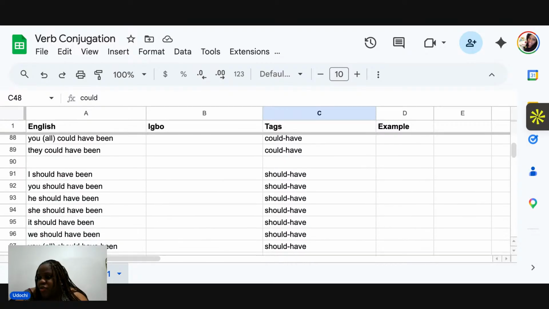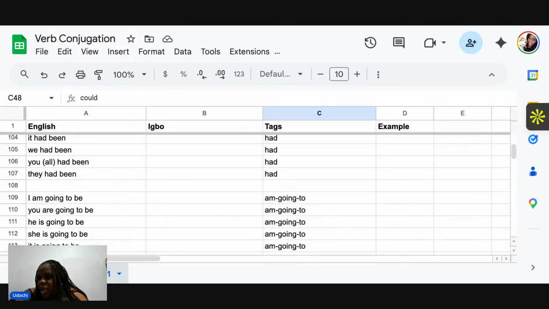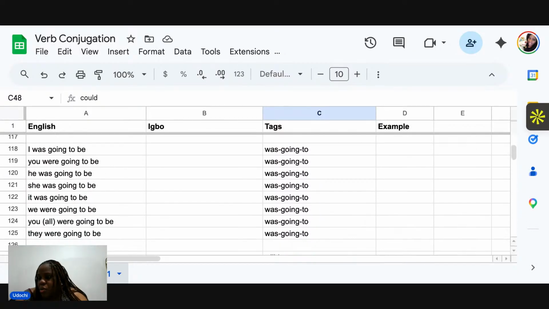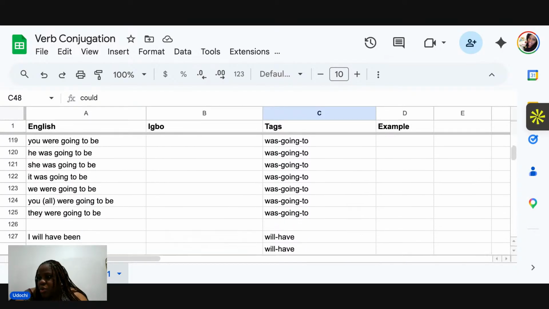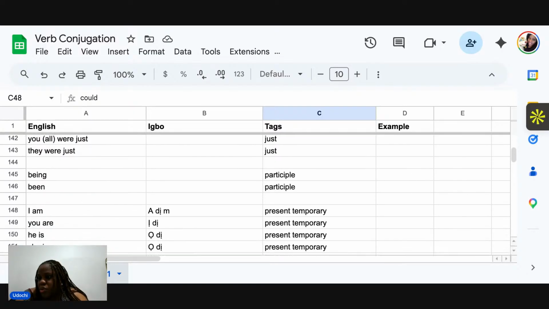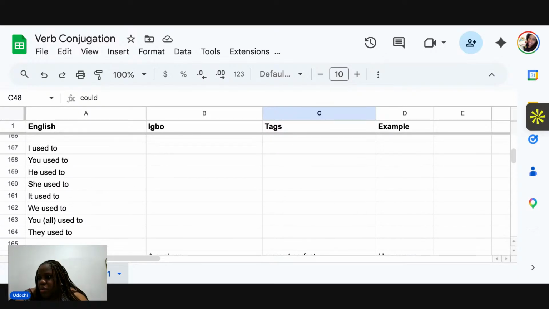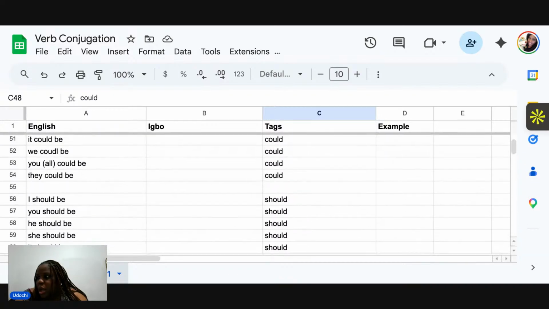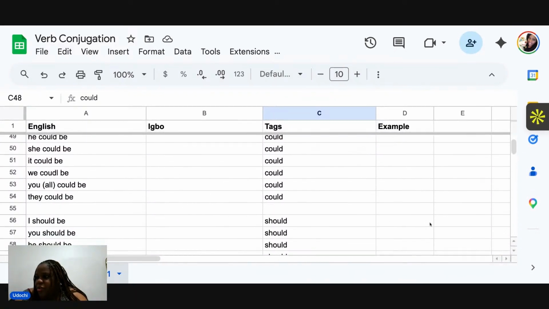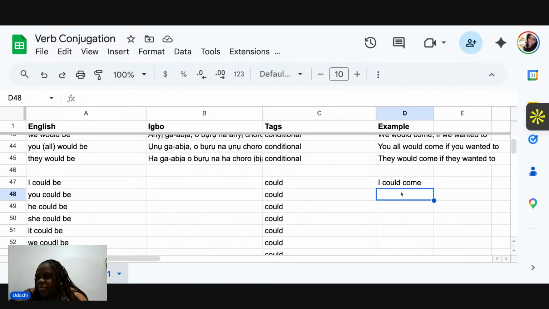Okay, they do have should have. Had been, going to be, was going to be, will have been. Okay. We'll get there. We'll go with come because come is one of the most common words. So I could have come.